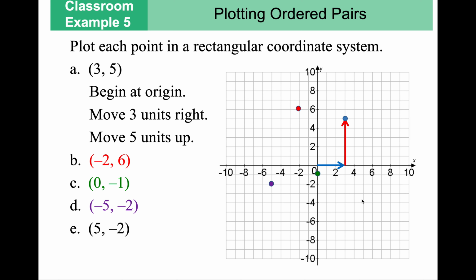Back to the origin, over to 5, down to -2. Back to the origin, I don't move right or left, and I go down 6. So this is really about getting the x coordinate clear in your mind and making sure you're doing that right or left movement, and about the vertical movement and making sure that's your y movement.